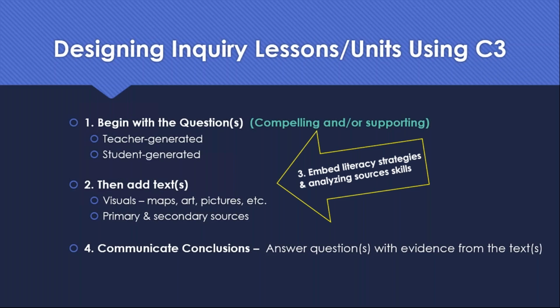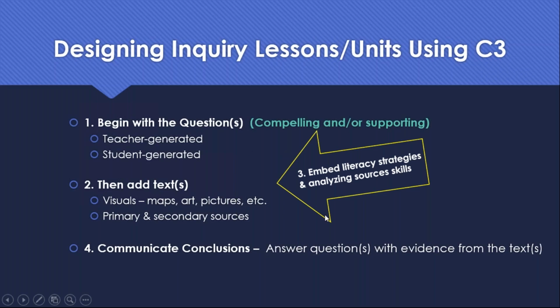It could be a piece of artwork, a political cartoon, a photograph, a chart or graph. We know those are social studies skills, analyzing charts and graphs. Any of those things are what I'm talking about when I say text. So we add text. So students have got to be able to collaborate to look at text. Maybe it's a map and a primary source. So we put those together and we're looking for evidence to answer our question.